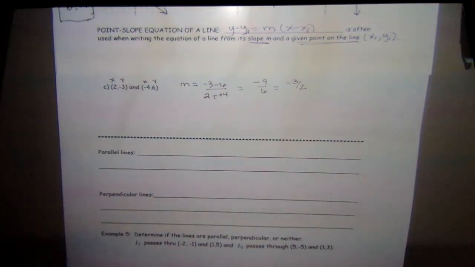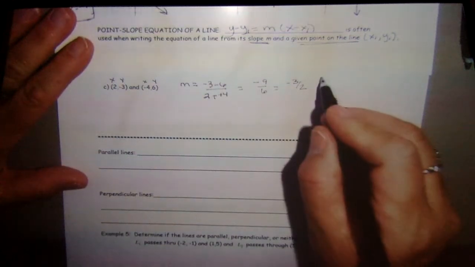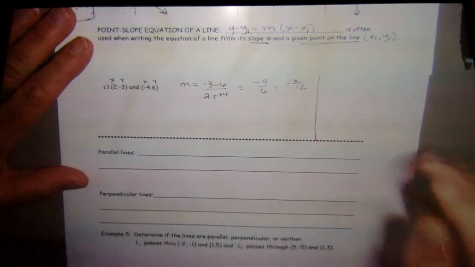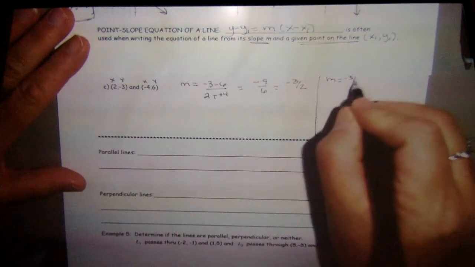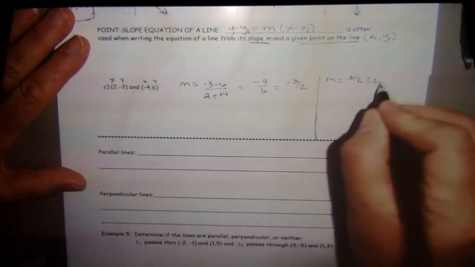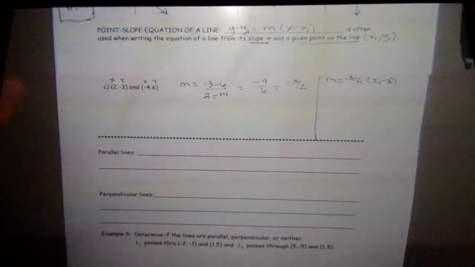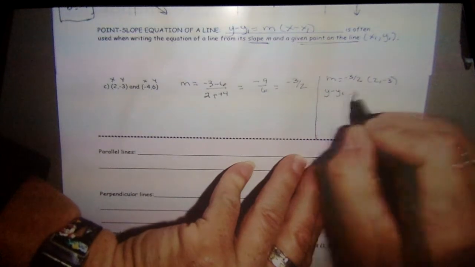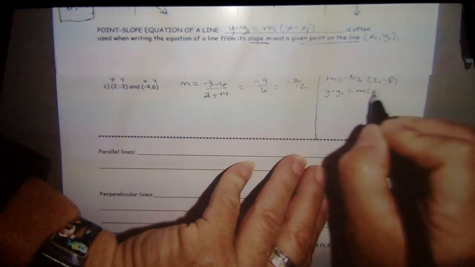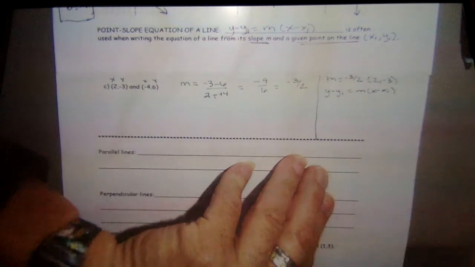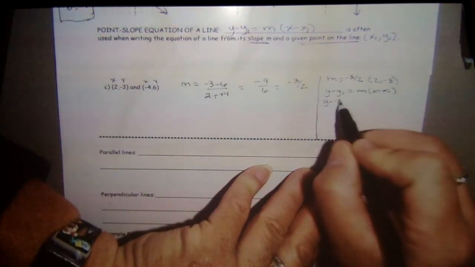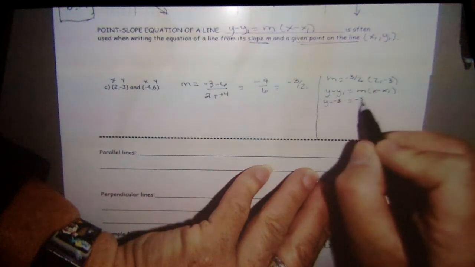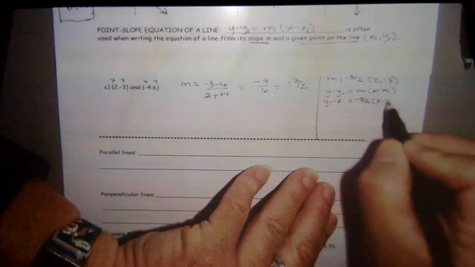Now we're going to write the equation. We have a slope of -3/2. Pick one of the points. It doesn't matter which one you pick. So it's y minus a -3 equals -3/2 times x minus 2.